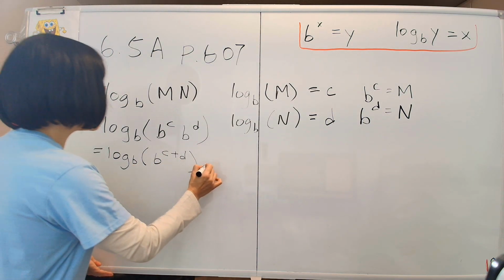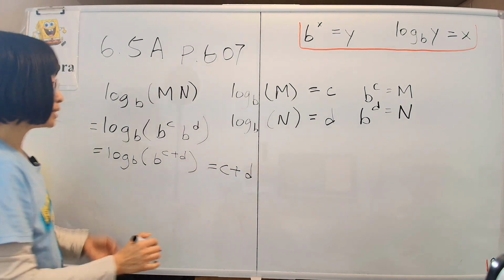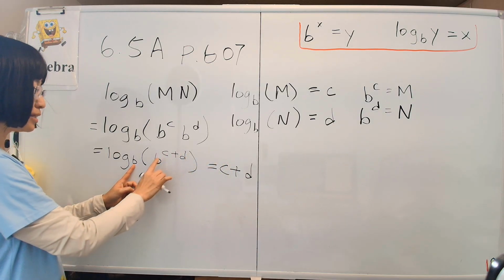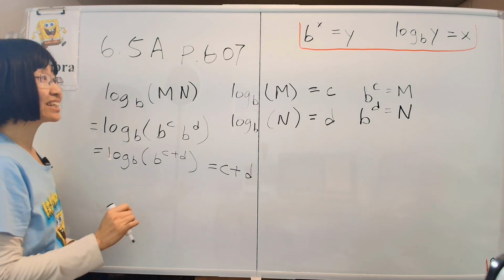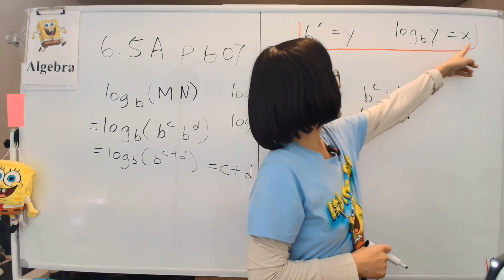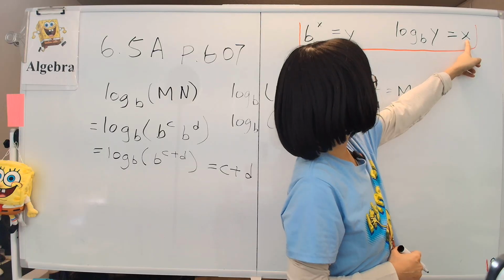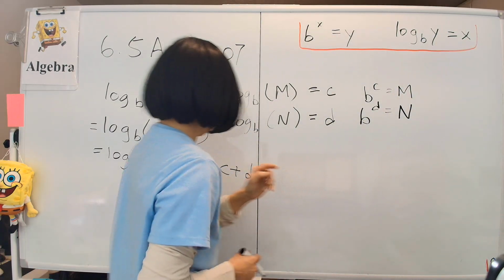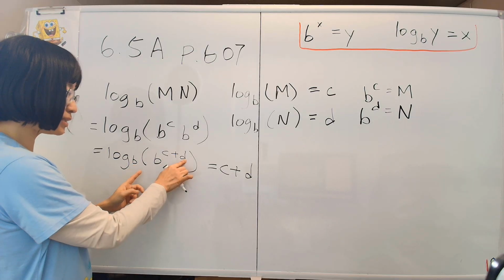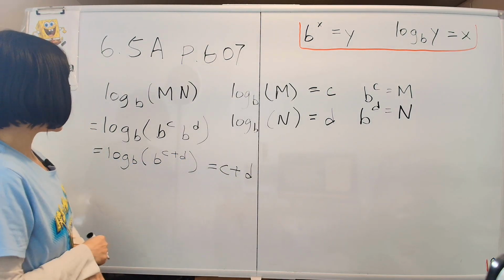And that would be equal to c plus d, okay? Because b to the power c plus d is equal to b to the power c plus d, basically. Following this principle, b to the power x will be equal to y. So the question is, b to what power equals b to the power c plus d? Well, the answer is c plus d. So that's where this comes from.